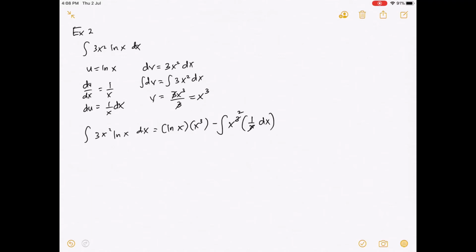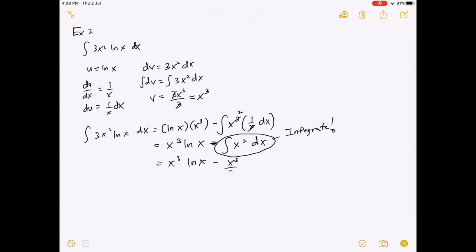The x here I can cancel. What's left is x to the power of 3 ln x minus the integration of x squared dx. This part I still have to integrate, remember. So I have x to the power of 3 ln x minus x to the power of 3 over 3, and then remember plus c.